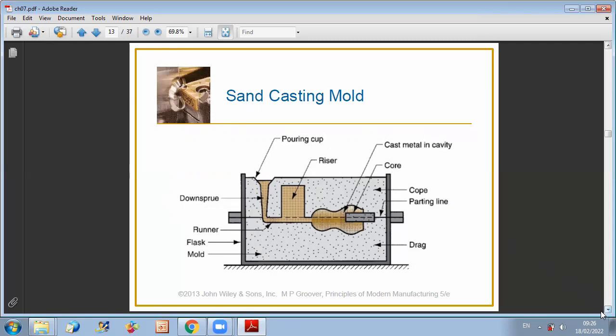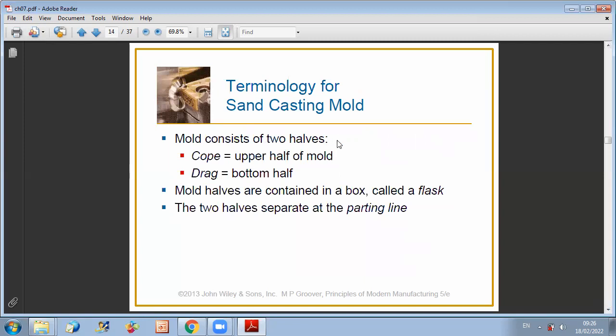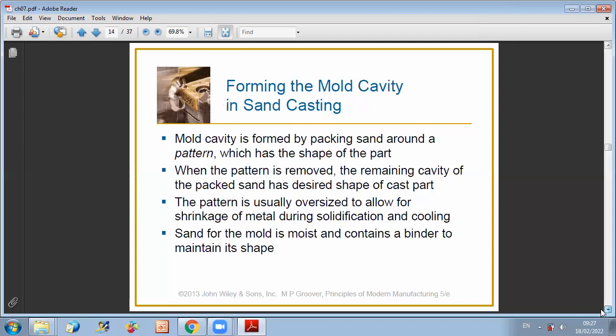Now we'll talk in detail about the different parts of it. So a mold consists of two halves. Cope is the upper half of the mold, and drag is the bottom half. Mold halves are contained in a box, which is called the flask, and the two halves are separated at the parting line. So these concepts were already explained in the geometry of the mold.